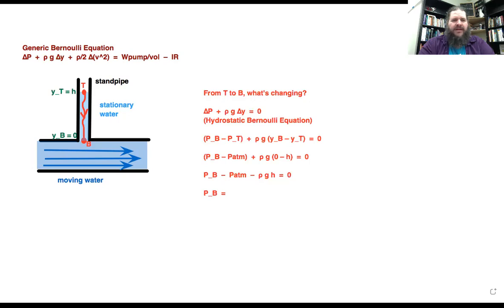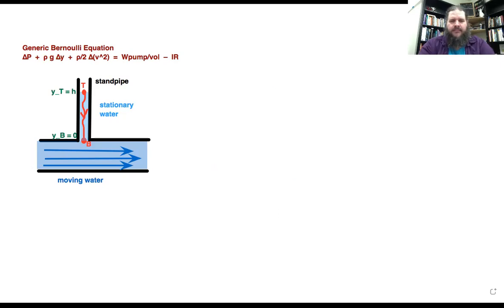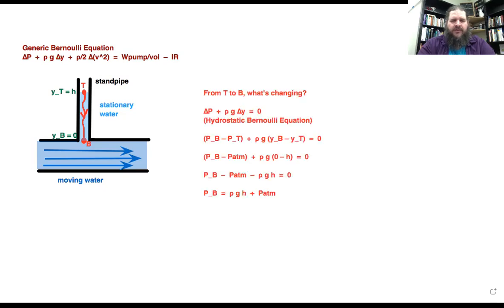How could you isolate PB there? Isn't it just rho gh plus pressure, atmospheric pressure? Yeah, that should do it.